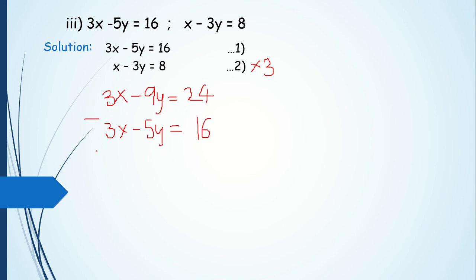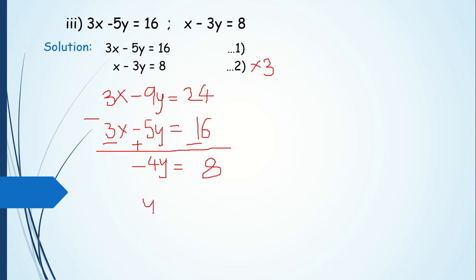Subtract now. After subtracting, this will become minus, this will become plus, this will become minus. So 3x minus 3x will get cancelled. This is minus 9 plus 5, that's minus 4. Minus 4y is equal to, this is 24 minus 16. 24 minus 16, see how much? 8.